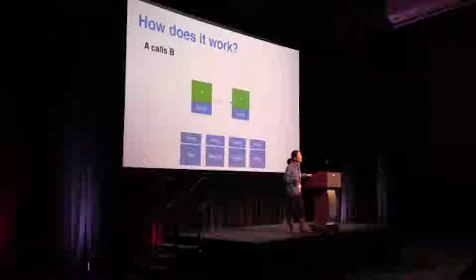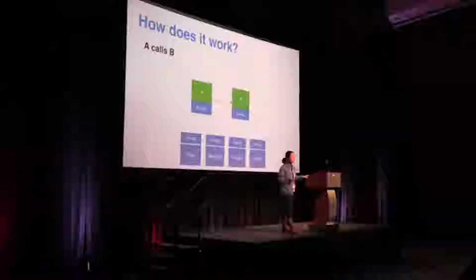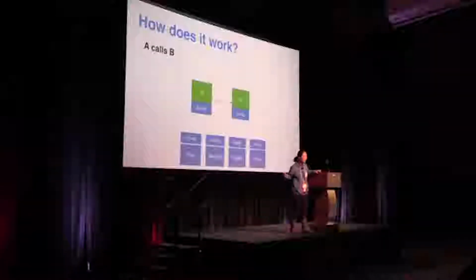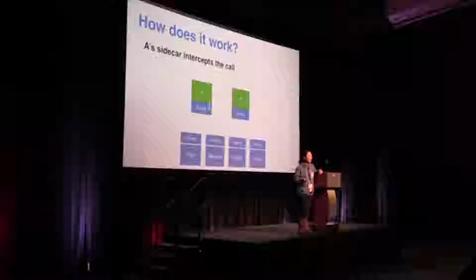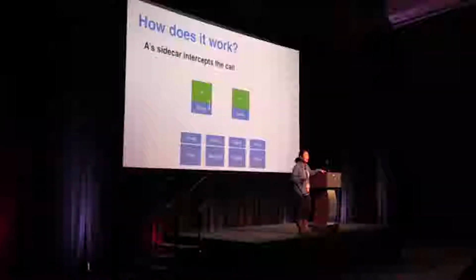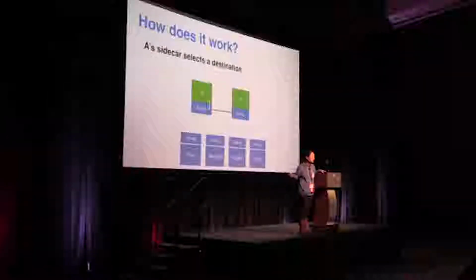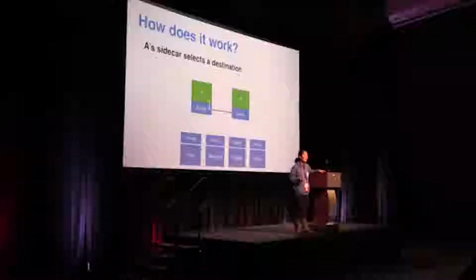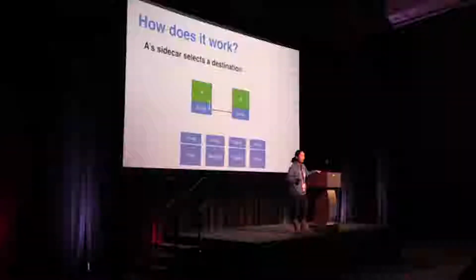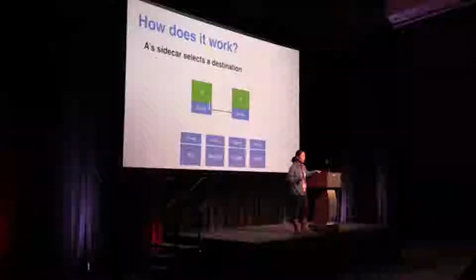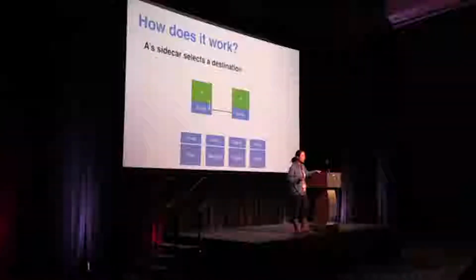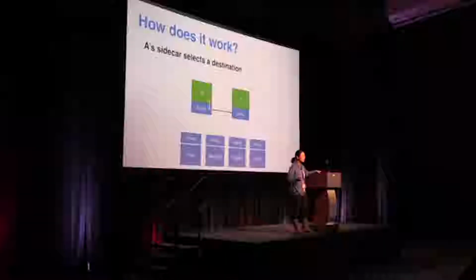So let's take a look at how this works in the service mesh environment. When A calls B, A's sidecar intercepts the call, so it doesn't go to B directly. Then the sidecar, based on its configuration of the destination and the route, determines exactly which B to send the traffic to.